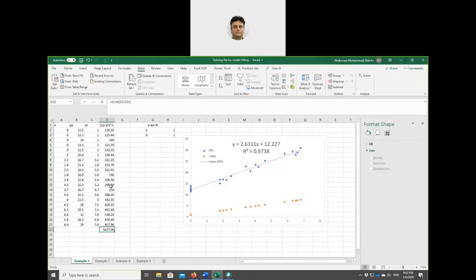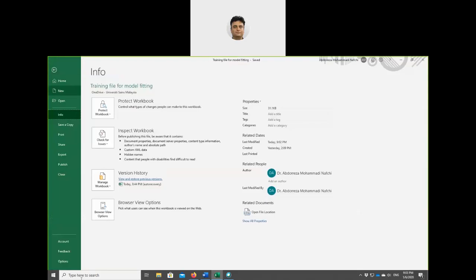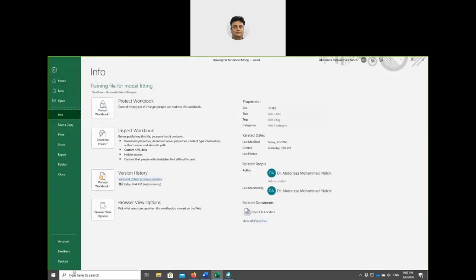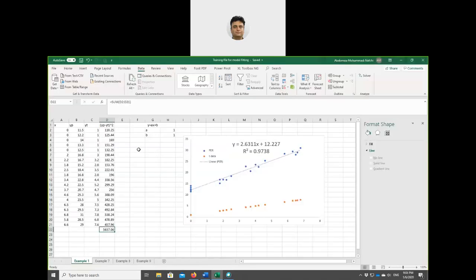Have you opened your option? I don't know where my option is. It's not open here. Maybe because it's something secure here, it cannot open. Okay, I just let you know.